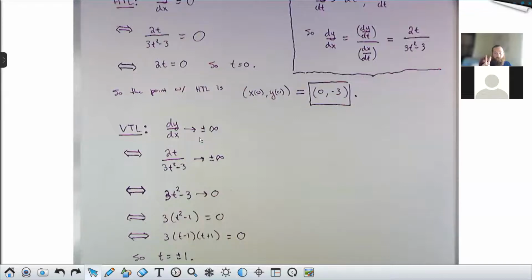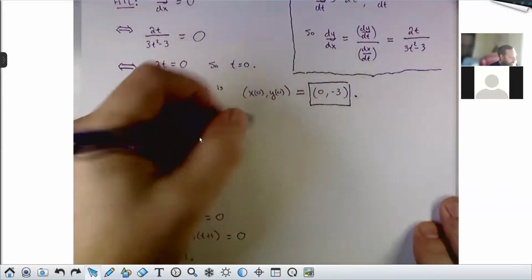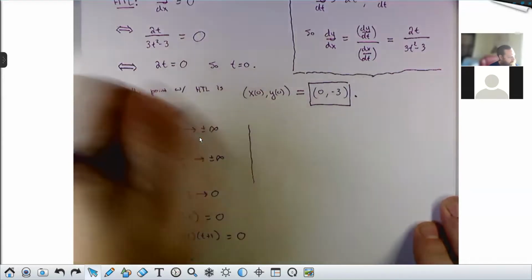So there's 2 points here, or at least there's 2 t values here. And we want to find the points associated with each of those t values. Draw a little partition here.